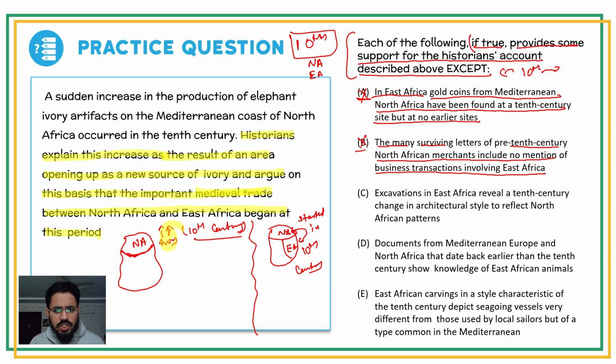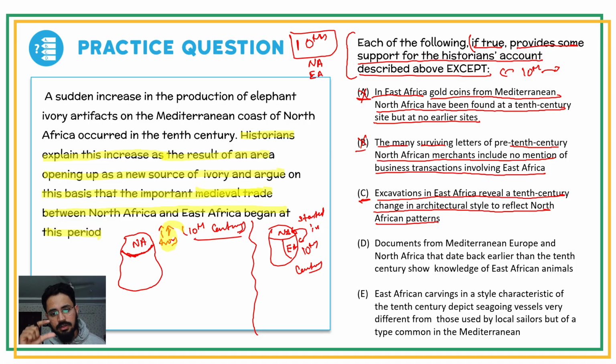We have to show that it was happening before, or maybe it actually started happening after the 10th century, an option that kind of says something like that. C, excavations in East Africa reveal a 10th century change in architectural style to reflect North African patterns. So it uses a specific word, 10th century.